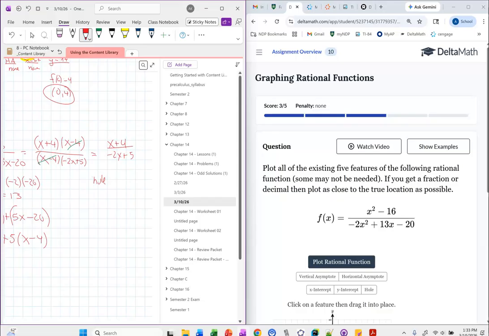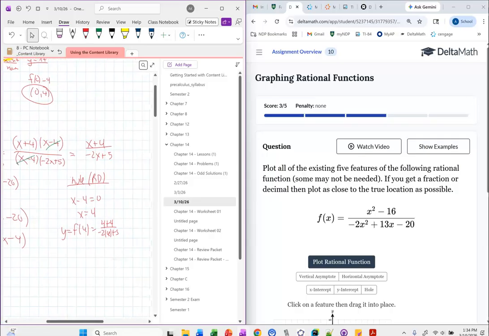Because I was able to reduce the x minus 4 fully from the function, I do have a hole or removable discontinuity. The x value is 4, and the y value is going to be f of 4. So when I plug that in, I get 4 plus 4 over -2 times 4 plus 5.